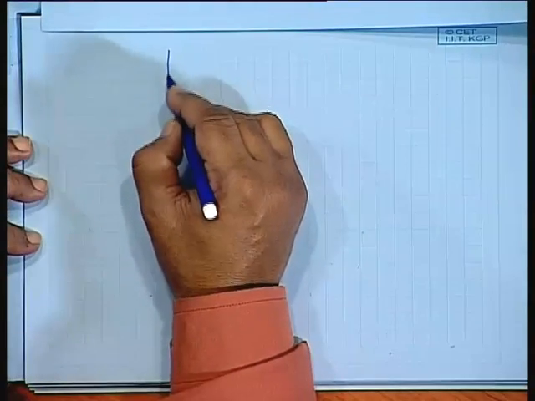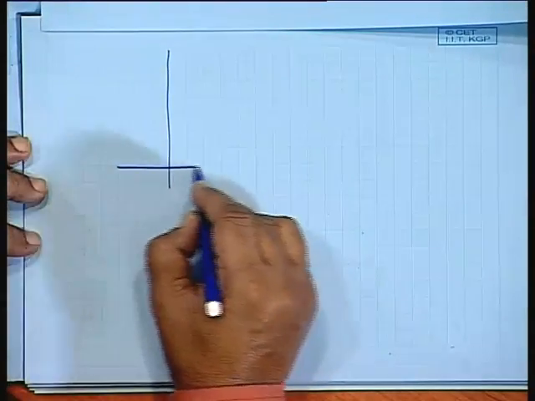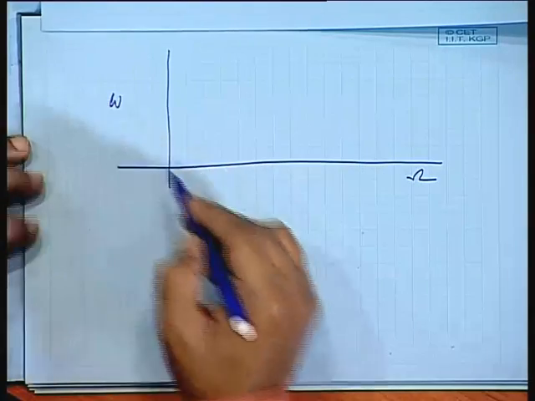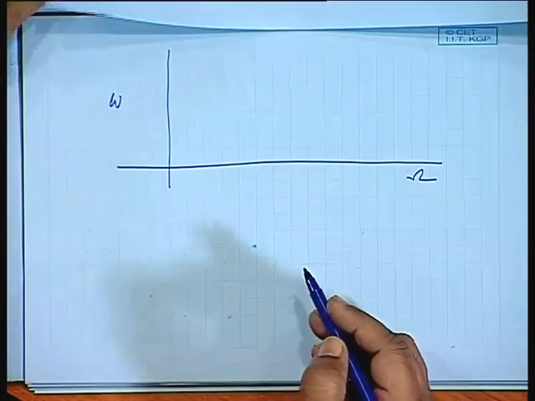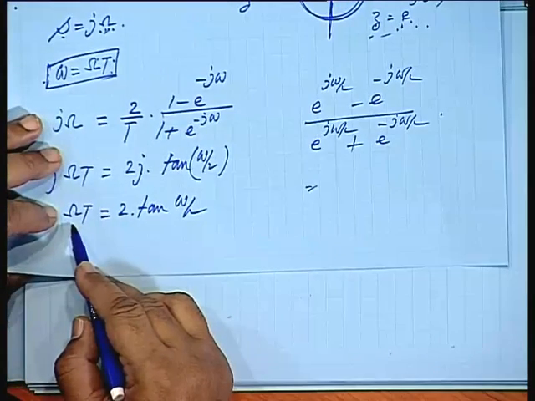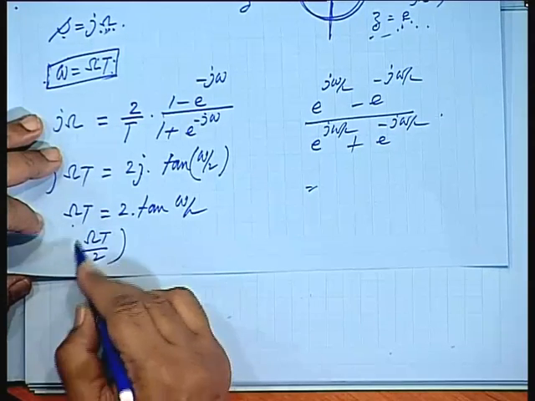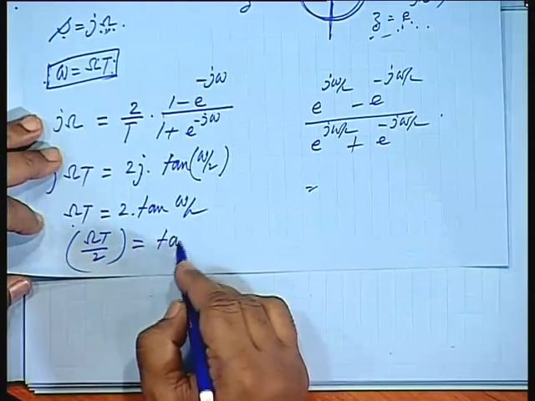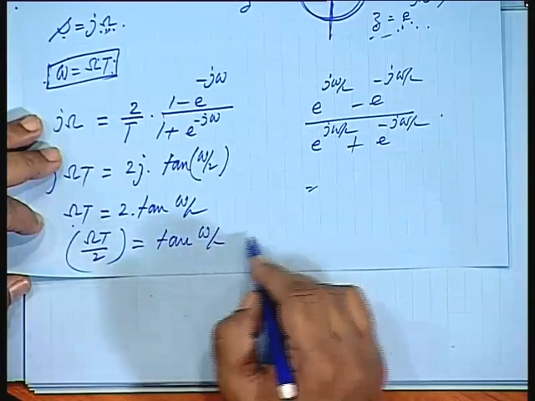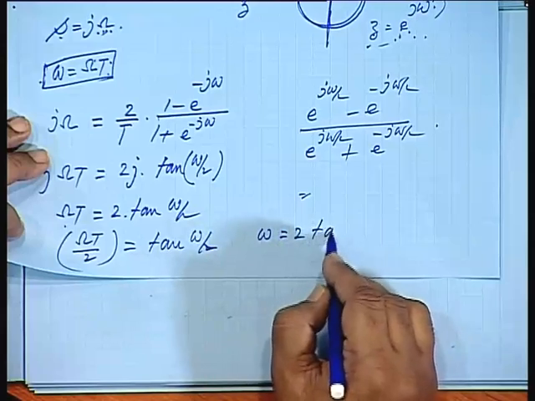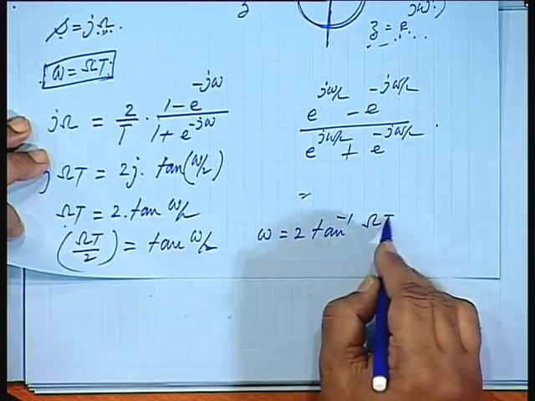So, if I make a plot of omega and small omega, when omega is small, so it is omega T by 2 equal to tangent omega by 2, or omega is equal to 2 times tan inverse omega T by 2.